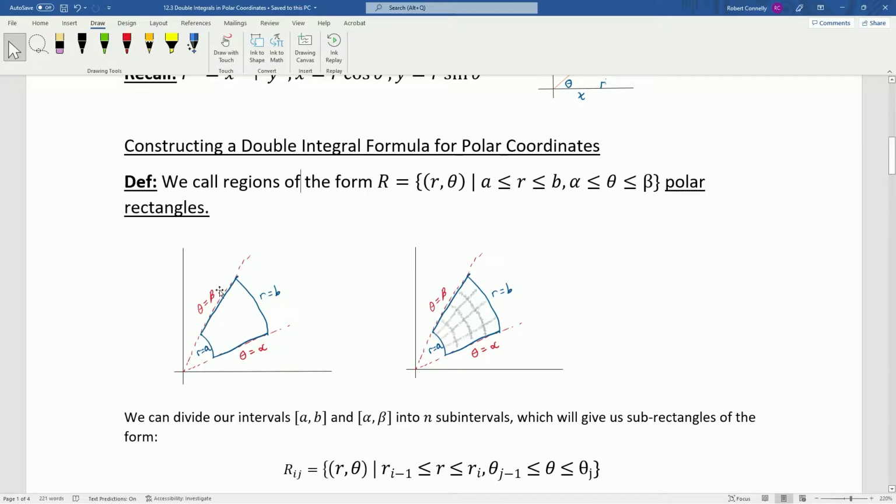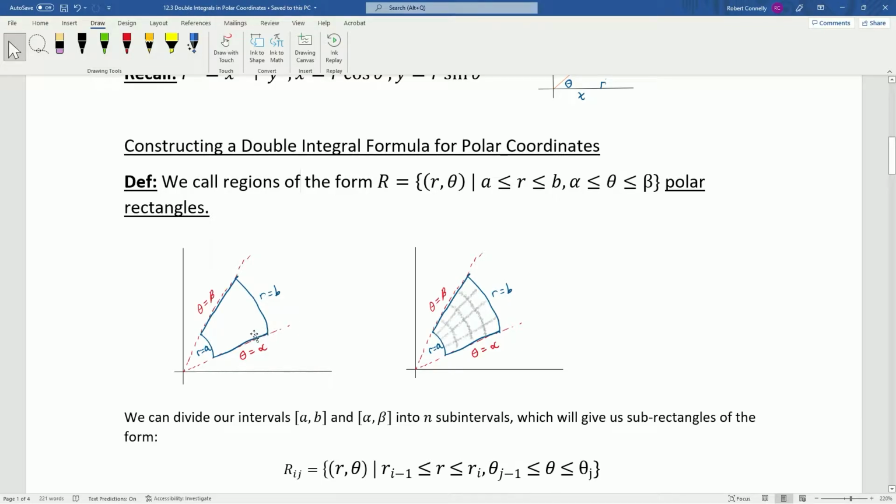If we draw this out, what do we get? If theta is equal to alpha, that's just the straight line passing through the origin, looks like this. And when theta equals beta, that's this straight line. And if the radius equals a, that's just this curve here. And if the radius equals b, that's this curve. So this region here we call a polar rectangle.